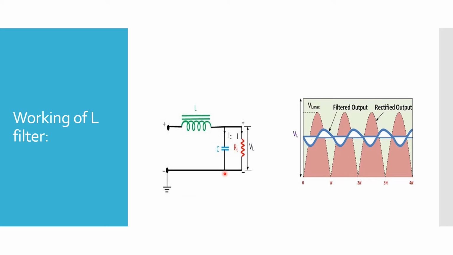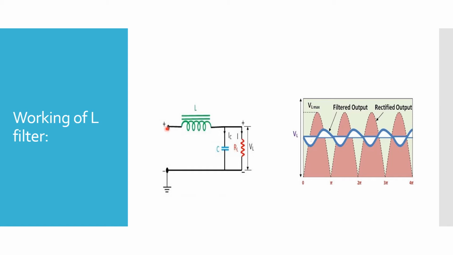So at this point, this is the input, and this is the output. The DC signal from the output of the rectifier, most probably the rectifier is connected to this point, is the input for this filter.